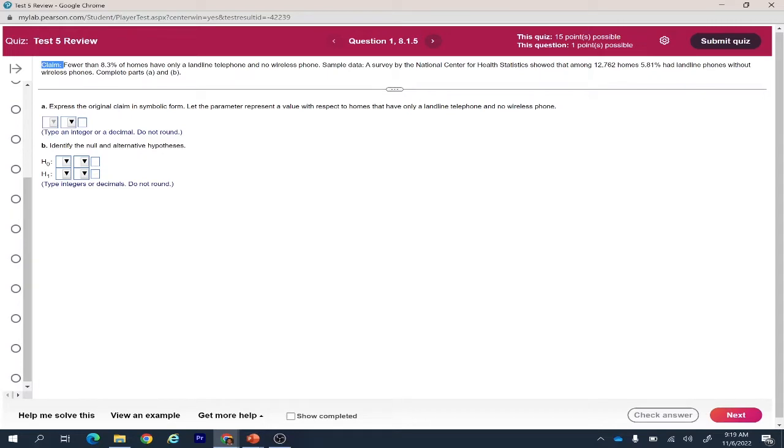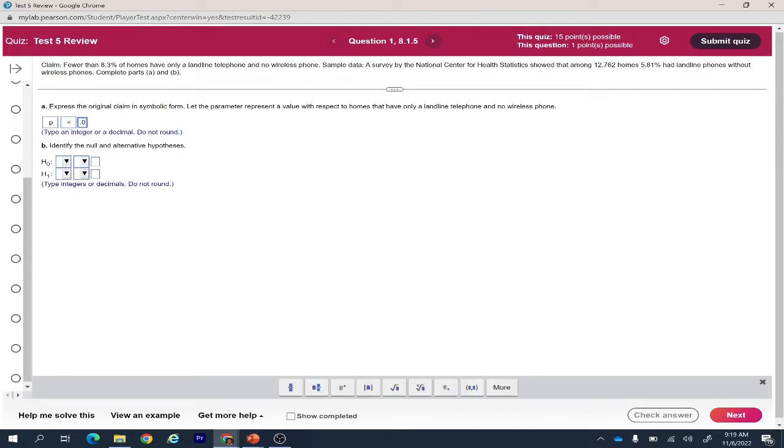Express the original claim. The original claim has a proportion that is, as you can see here, fewer than 8.3%, so less than 0.083. Remember, the null hypothesis is equal to the original claim, so p is equal to 0.083.